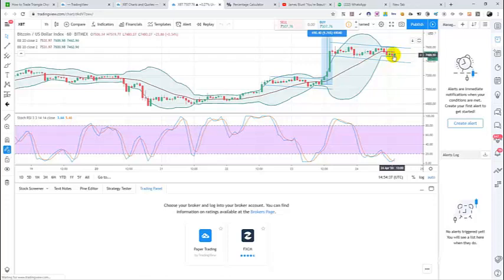As you can see from this chart, anybody who has scalped here using this support line as an entry would have made some good money here. Look at it, from 7,385, it bounced right up to $7,510.